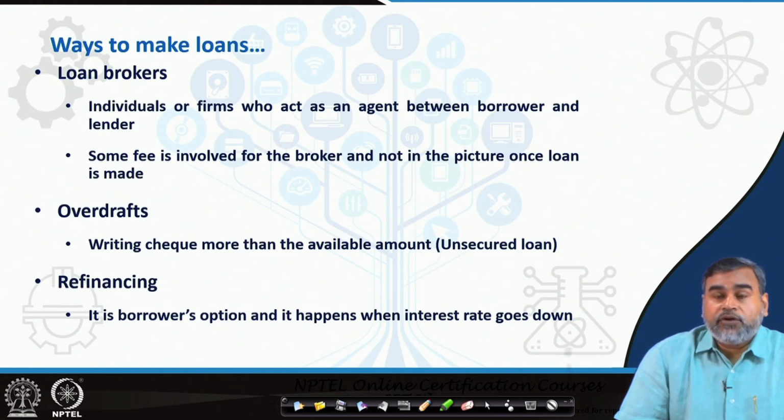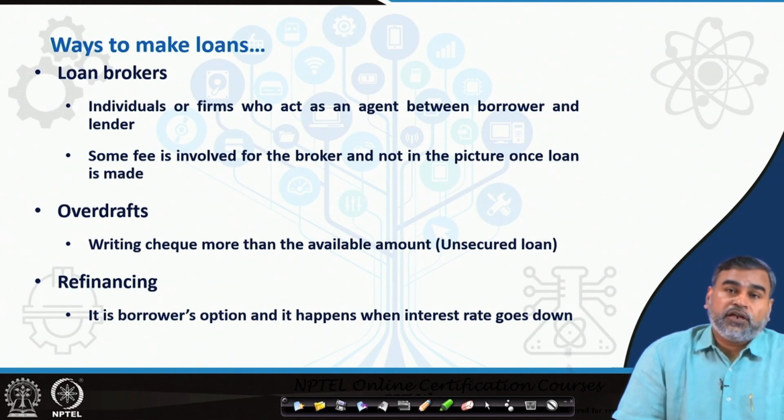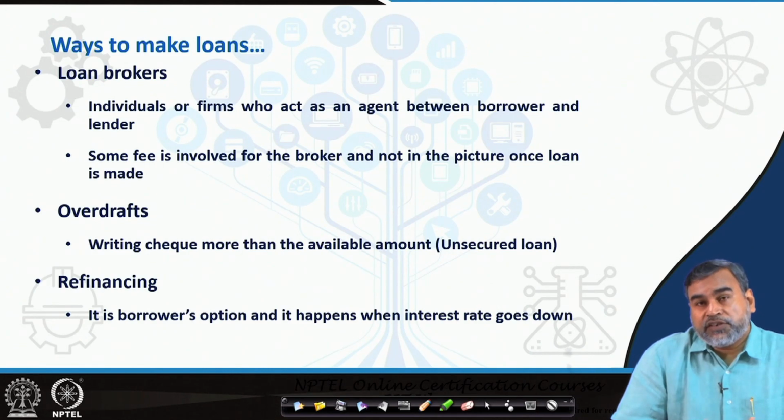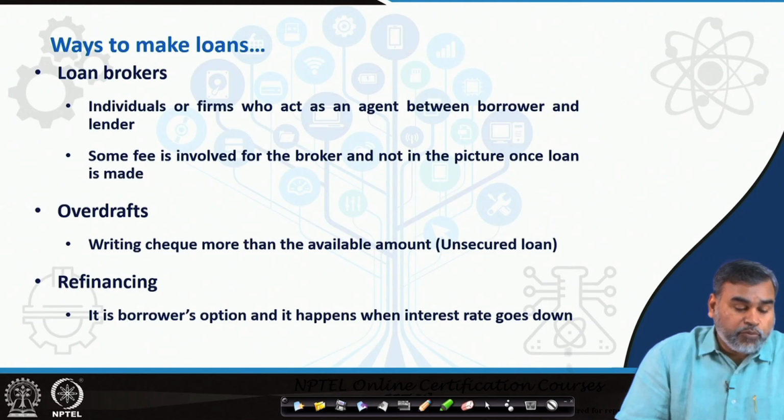Instead of carrying on that particular loan, you can go and take another loan at a rate of 6% and repay the loan that was carrying 10% interest. Now your 6% will carry on for a particular period of time, and the interest you were paying as 10% has been converted into 6%. So, that is called the refinancing activity. So, it is the borrower's option.